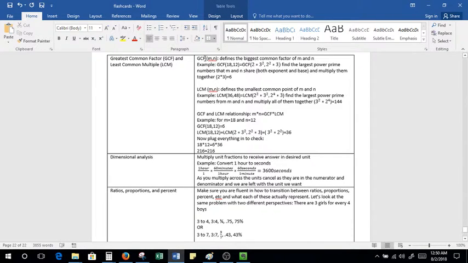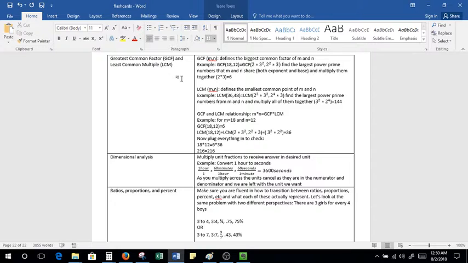The greatest common factor of these two numbers, m and n, defines the biggest common factor of m and n. So let's look at 18 and 12, for example. 18 can be broken down into its primes as 2 times 3 squared, and 12 can be broken down as 2 squared times 3.